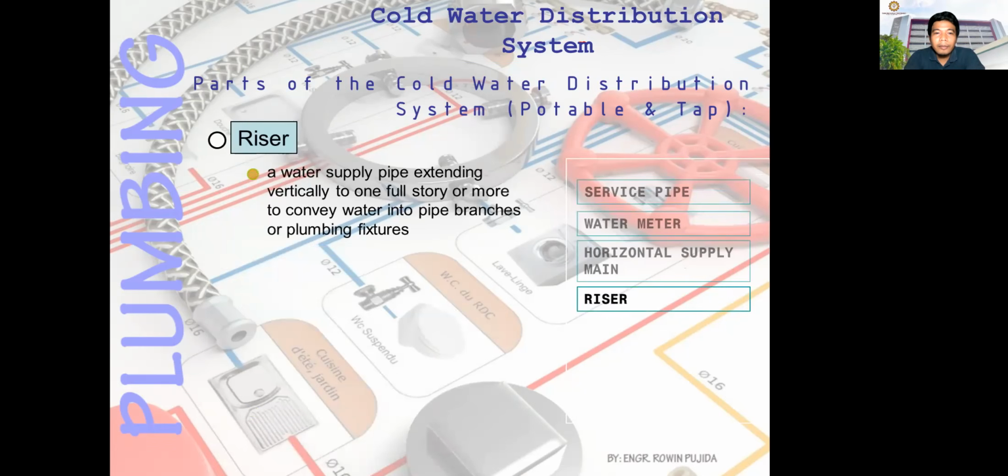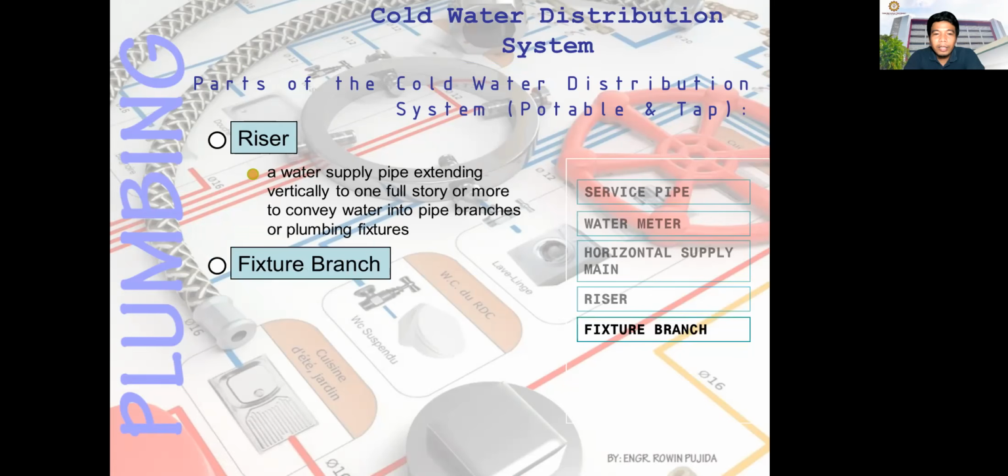Next, we have the riser. A water supply pipe extending vertically one full story or more to convey water into pipe branches or fixtures. So you have that pipe standing vertically from the ground floor to the second floor connection. Next is the fixture branch, the water supply pipe between the fixture supply pipe and the water distributing pipe.